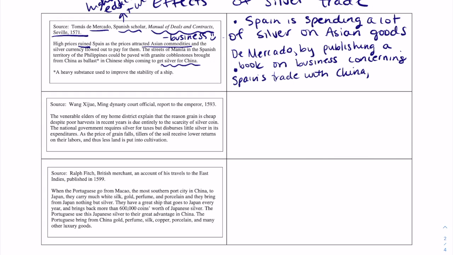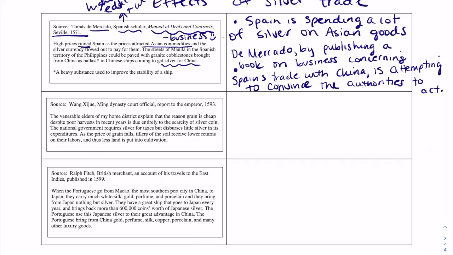So I might say something like, some conclusions I can draw is he is attempting to convince the authorities. That's what he's doing.